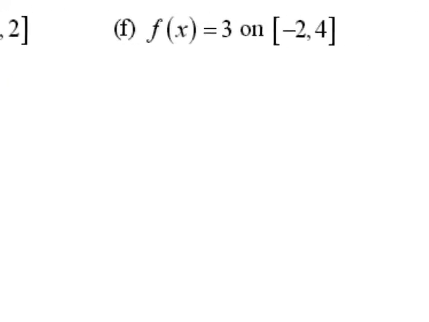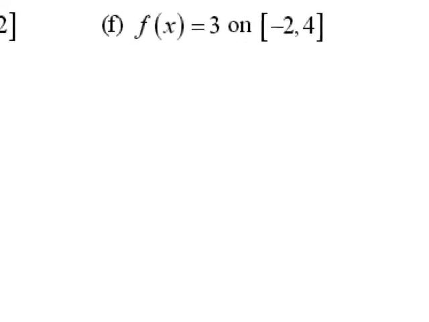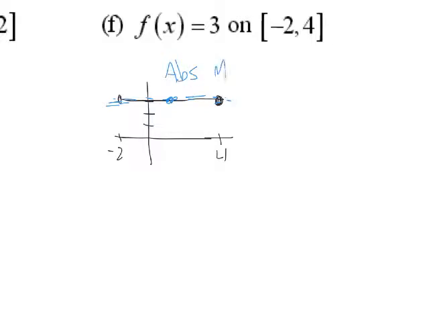All right, the last one, a constant function, f of x equals 3, from -2 to 4. And from here, we see that our absolute max is actually 3.